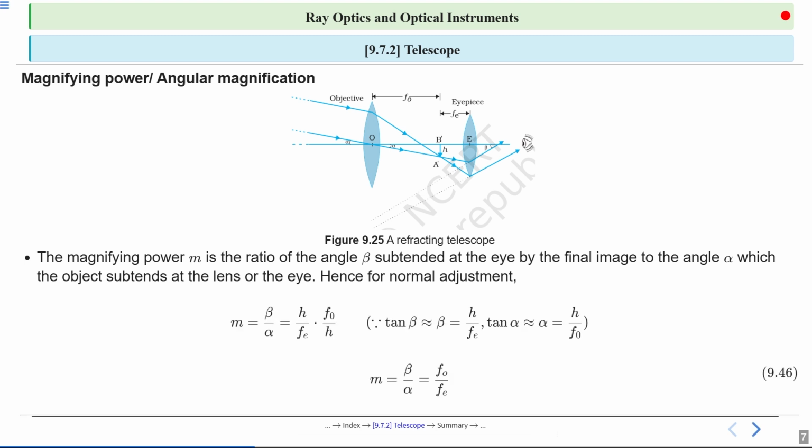The formula for magnifying power is given as M equals beta by alpha. Tan beta here is equal to h upon fe.